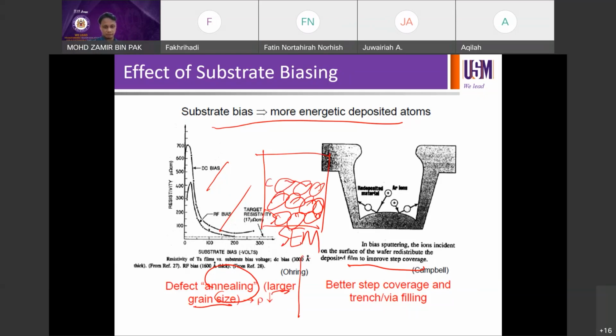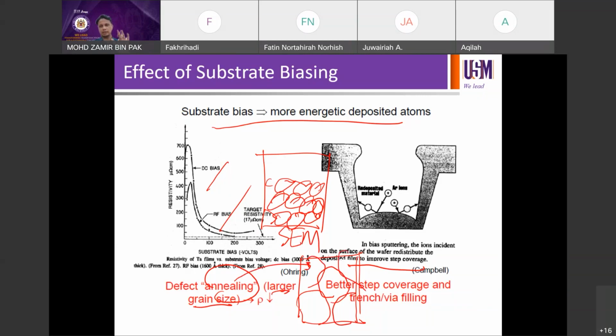But if you do biasing, same image, your sample, okay, your grain jadi besar, right? So as a result of annealing from the Ar plus, so you bombard, the kind of heating effect. The heating effect is effectively macam you masuk sample dalam furnace lah at some temperature, which will increase the size of the grains, right? So it can also be used for this one as well.